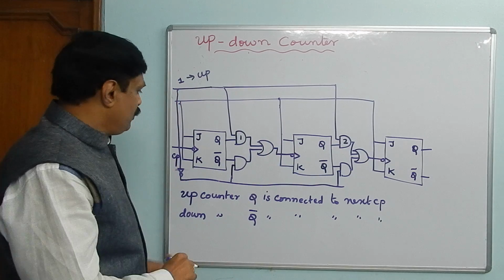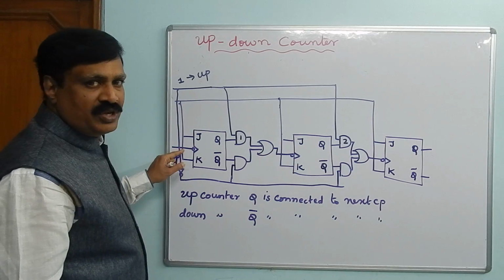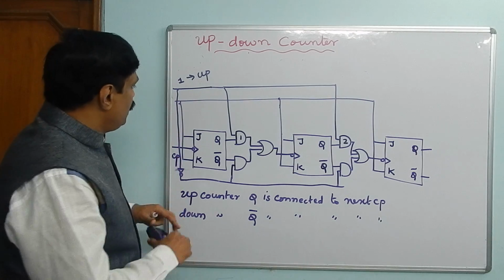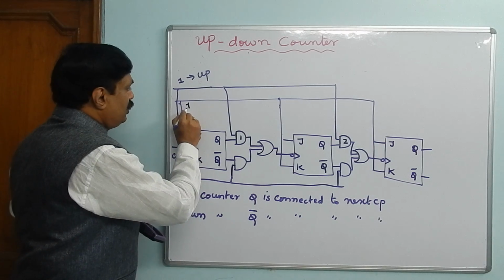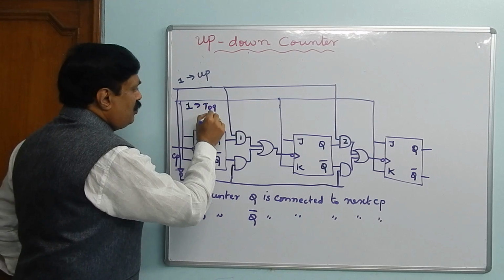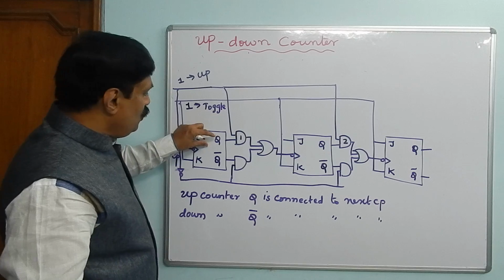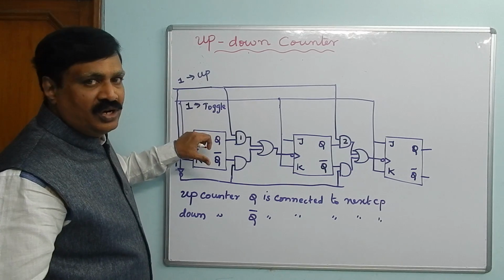Now let us check. If you give a CP here, one clock pulse, then JK is already in toggle condition, so Q and Q bar will toggle.